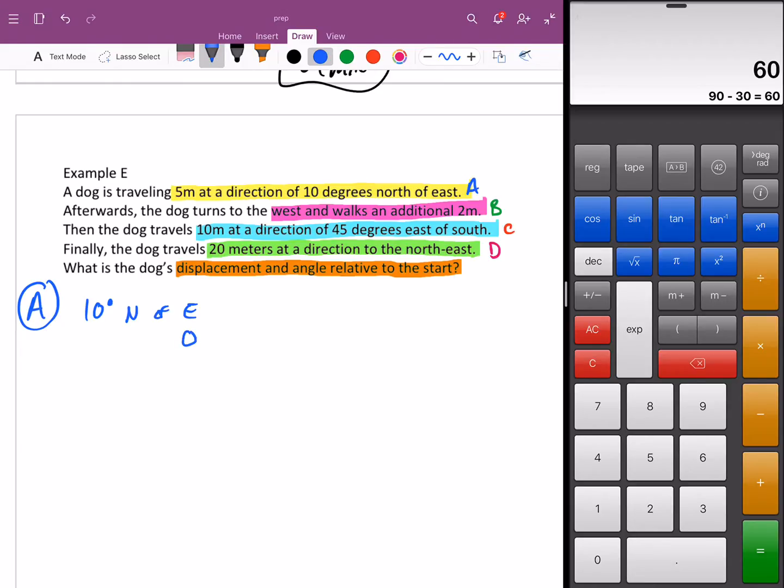East is 0, north is above east, so you add 10 degrees. This will equal 10 degrees.